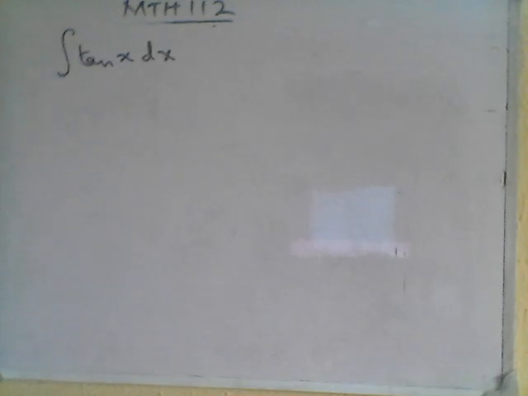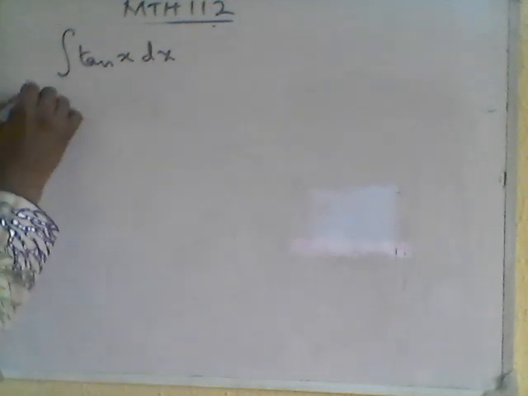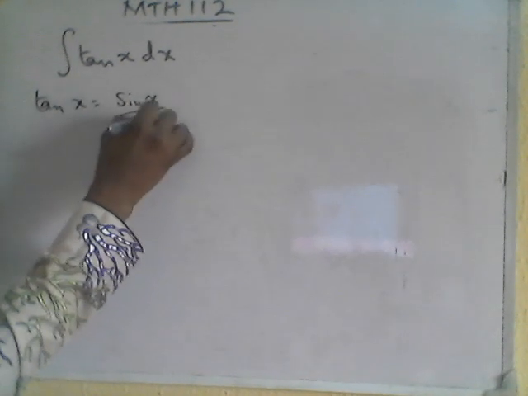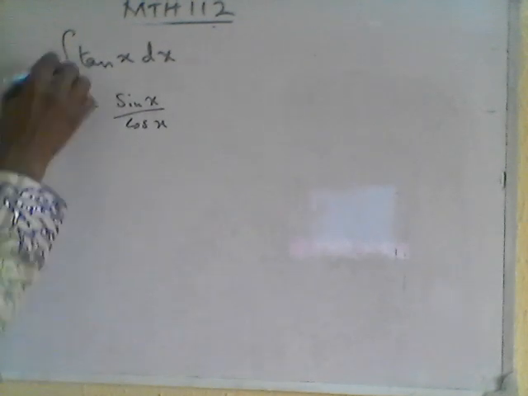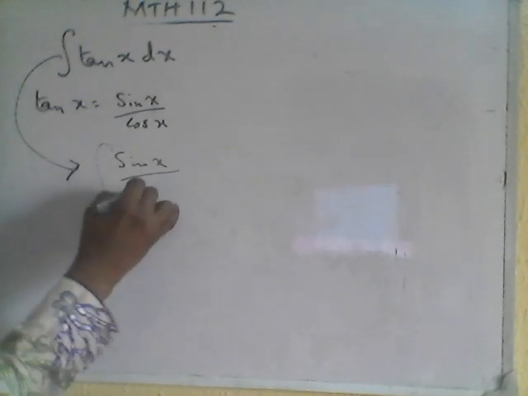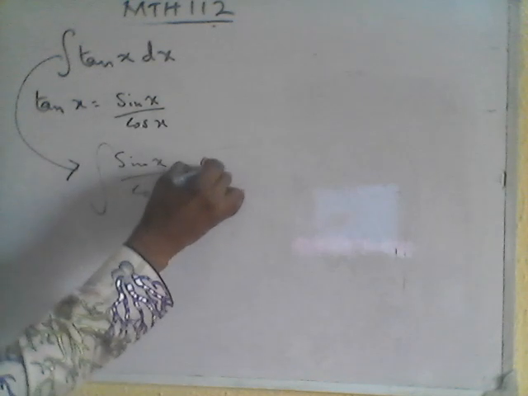Okay, so here's another case where we also apply trigonometric identities. If you have the integral of tan x dx, you know that the identity for tan x is sine x over cos x, so I will write this in the form sine x over cos x dx.